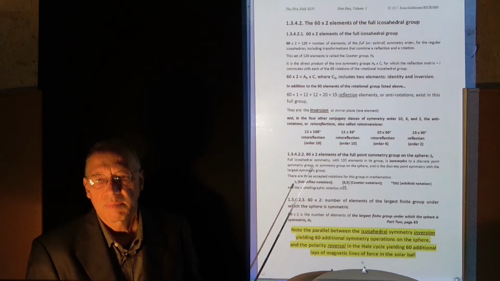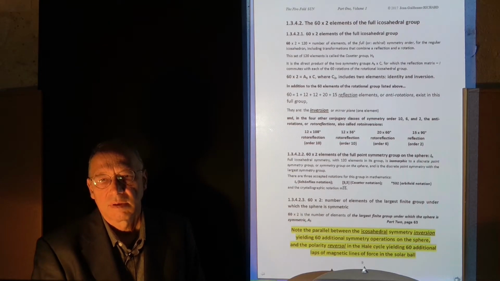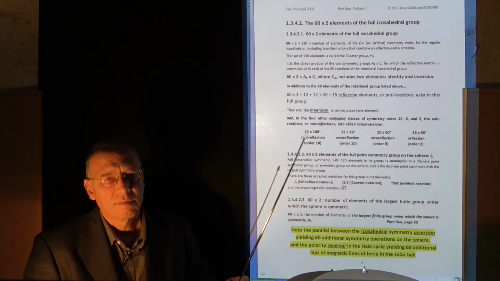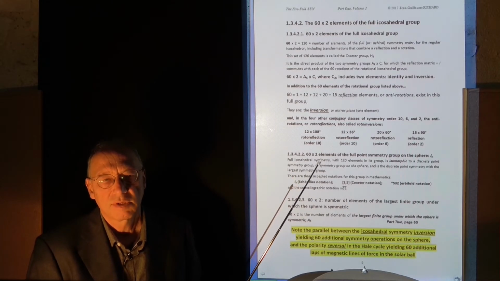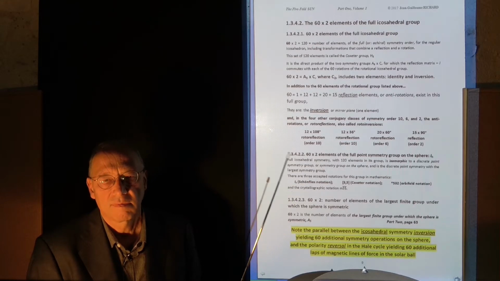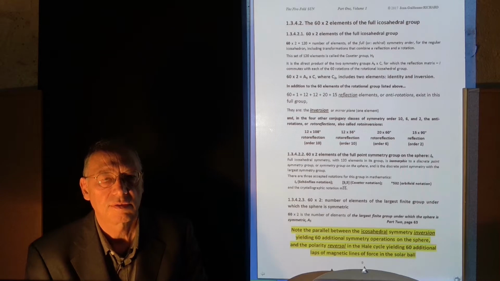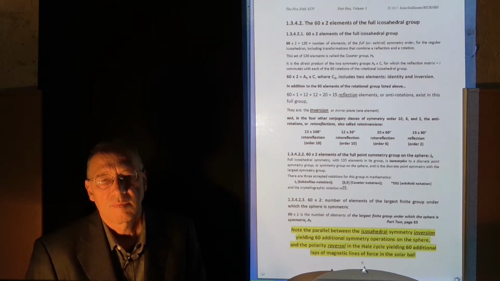There is here a parallel between this icosahedral symmetry inversion leading in one set to 60 symmetry operations, 60 elements of a symmetry, and in the second set by inversion and reflection 60 additional elements.